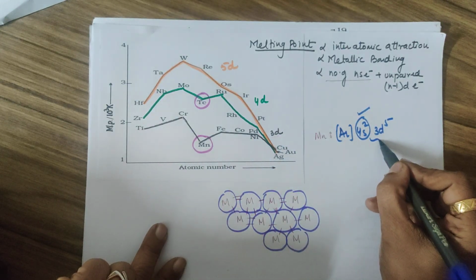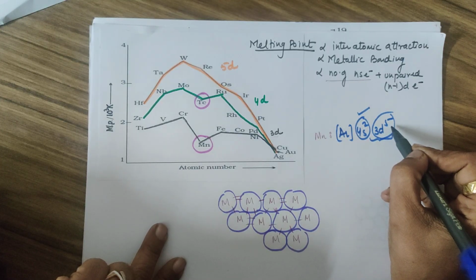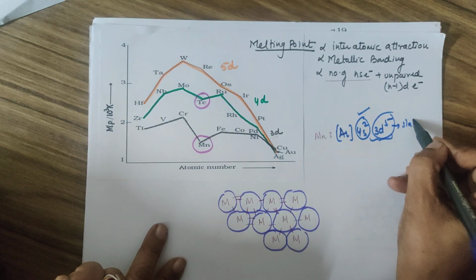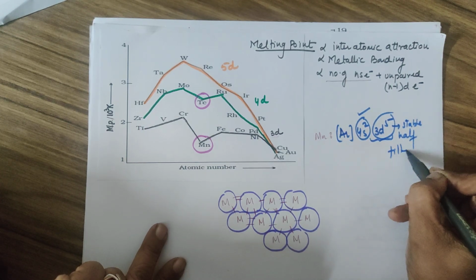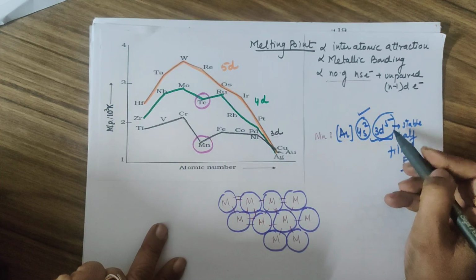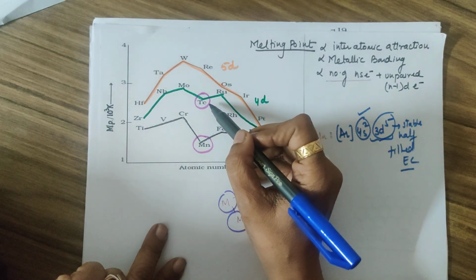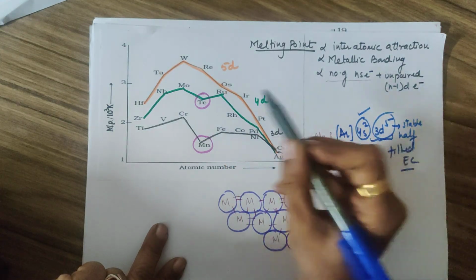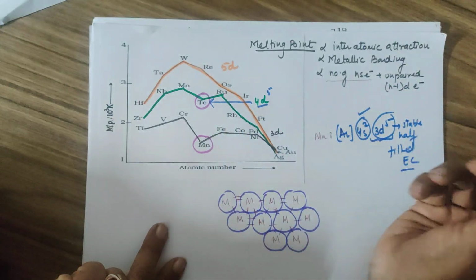Maybe because these 5 electrons resist participating in metallic bonding because of the stable half-filled configuration. That is why these 5 electrons may not be participating, and that is why we get a lower melting point in the case of manganese. In the case of this element also, it is again because of the 4d5, which is sluggish in participating, that there is a dip here.